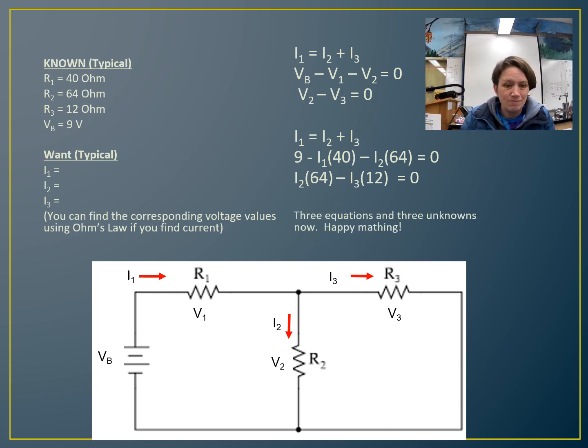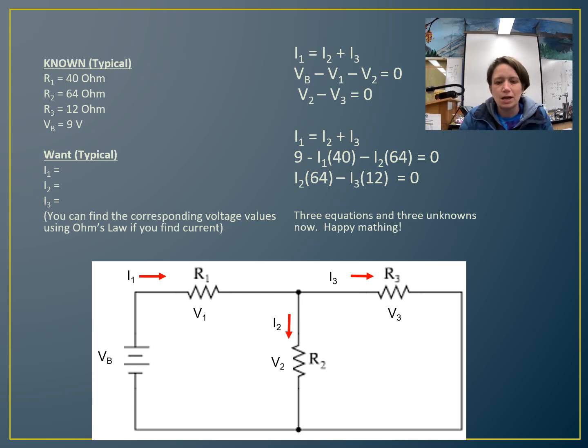And at this point, now you get to do your math, solving simultaneous equations. So for example, since you know I1 is equal to I2 plus I3, in the second equation I could replace that I1 with I2 plus I3 algebraically. And then you could solve for I2 and plug into the third equation. Or you can solve the third equation for I2 or I3 and plug it in.